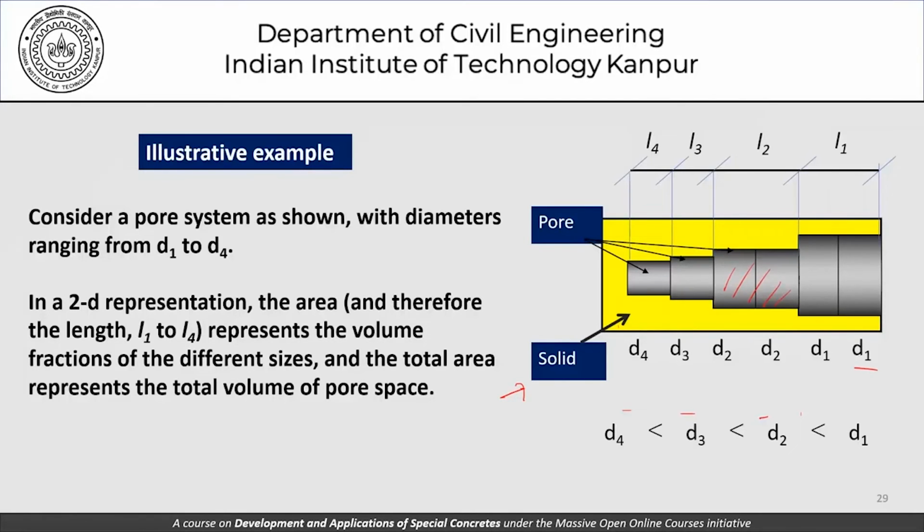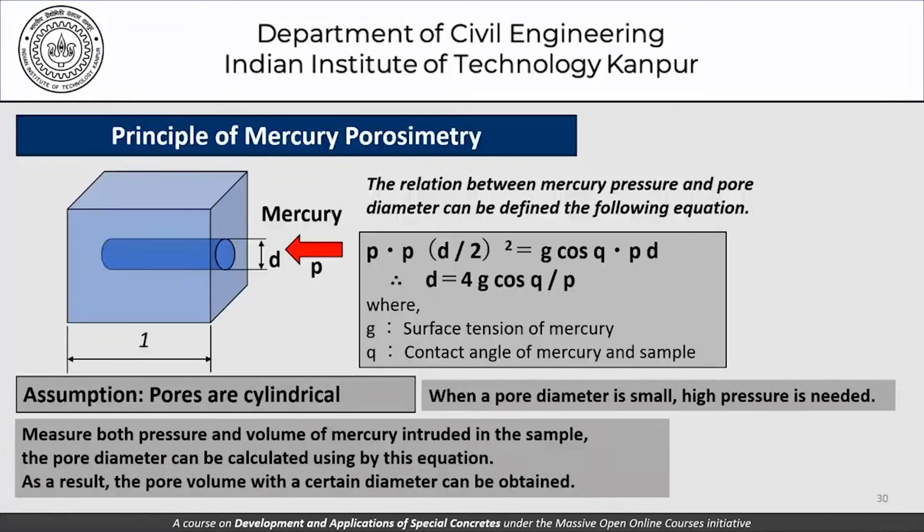Once we are able to do that, what we try to do is to push mercury into this pore, and that is the principle of mercury porosimetry. That's one of the methods that is used to study the porosity in HCP and concrete.